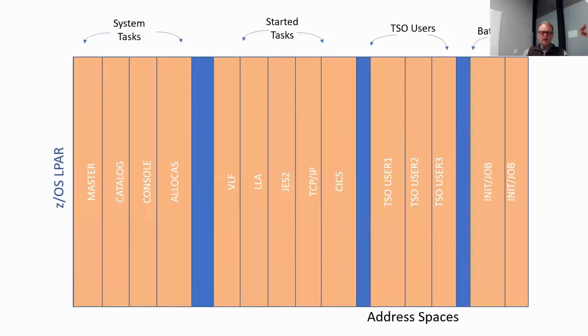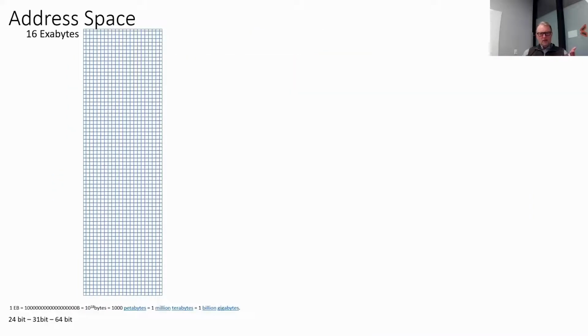Okay, so let me go into a little bit more detail on an address space just to give you a flavor of it. So an address space you can think of as a giant Excel spreadsheet. It's just a set of cells. Just think of it that way.